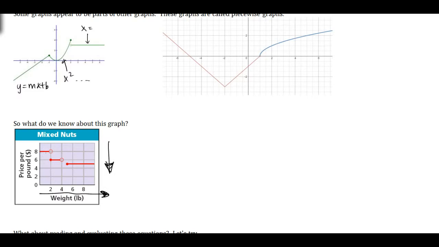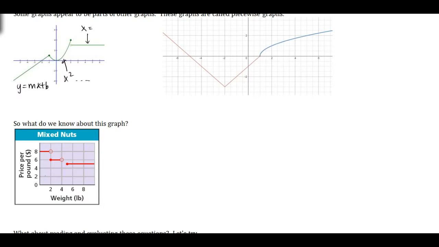The price was pretty big to start off, and then it got almost $2 cheaper. So that's what these kind of graphs are good for. Look at all these different pieces that are going here. You got a constant, a constant, a constant, but they're three different graphs, and that's what we're interested in.